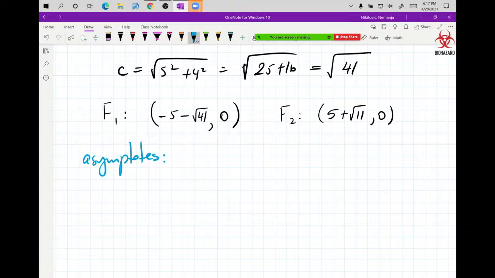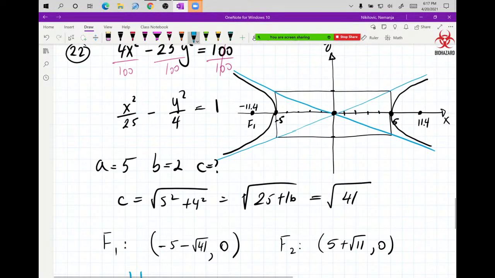So for the asymptote, if you take a look, pick any one of them. Let's call this L1 and L2, line 1, line 2. Those are asymptotes. If you pick L1, note that it goes through this point here and the origin, right? The origin is 0, 0. And this point here is negative 5, negative 2. So you can run your algebra equation, or you can just count, right?